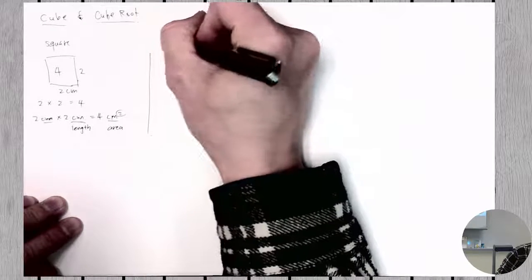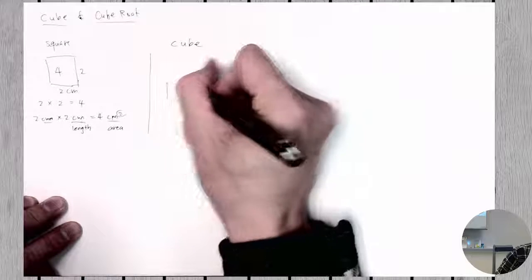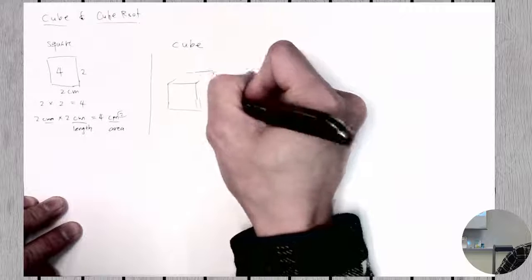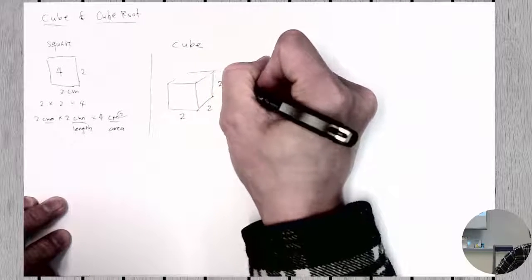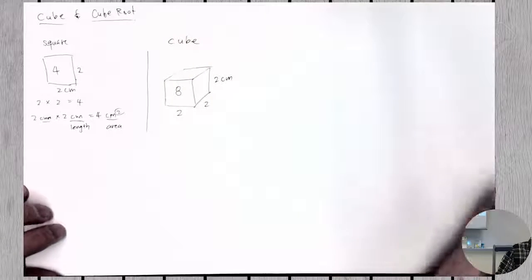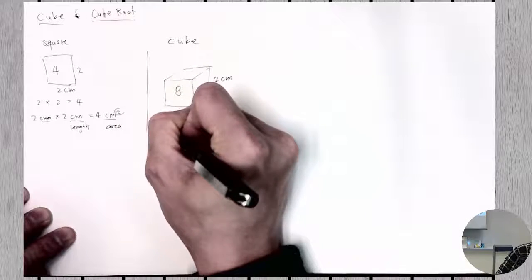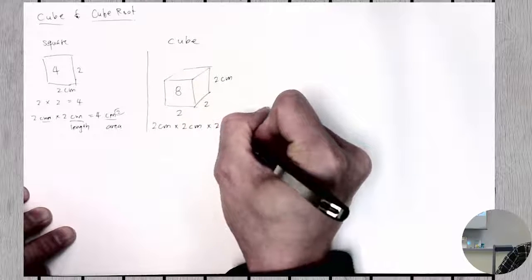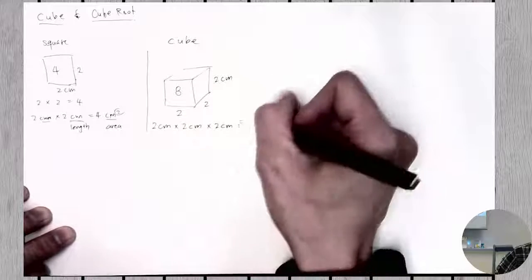Let's learn about cube. What is a cube? Okay, I'm going to do my 3D drawing. Let's keep the unit the same. So it's 2 centimeters by 2 centimeters by 2 centimeters. So all centimeters, and inside it's going to be 8 as volume. If I write this out, it's 2 centimeters times 2 centimeters times 2 centimeters, which equals 2 times 2 is 4, times 2 is 8.